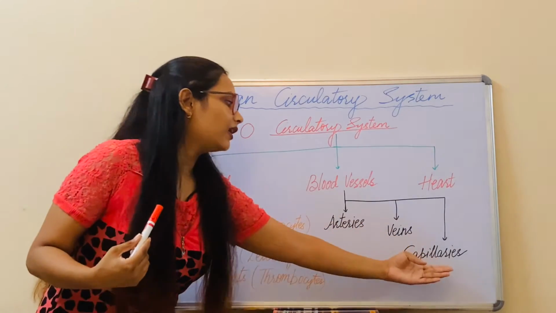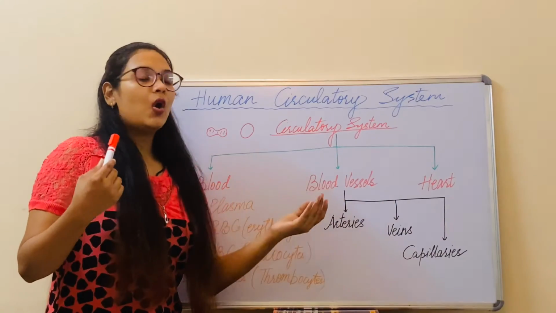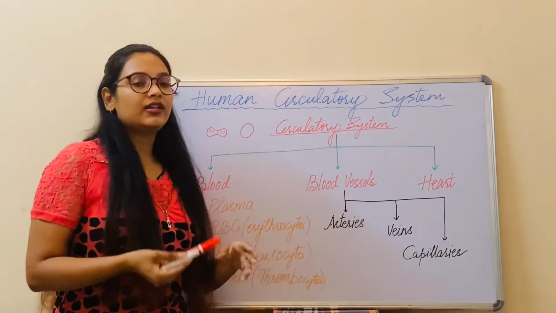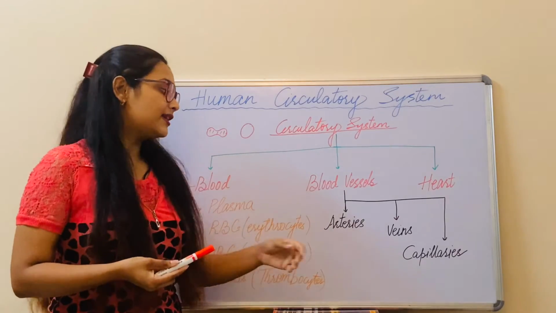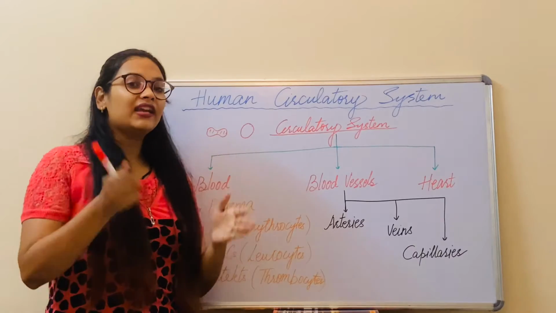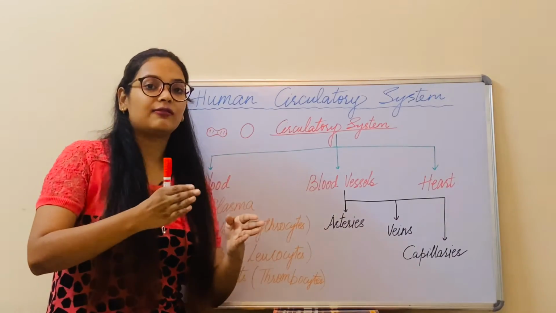Now coming to capillaries. As I have already told you, the arteries and the veins are not in direct contact with the tissue cells. However, the capillaries are. So capillaries are the finest vessels of all.